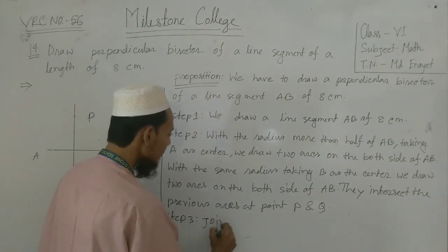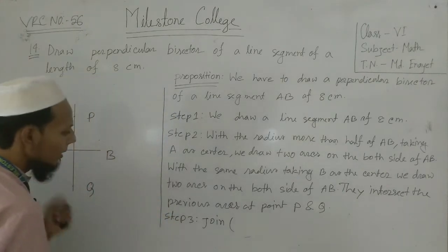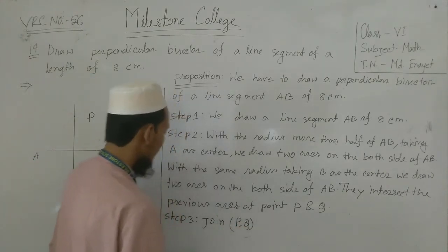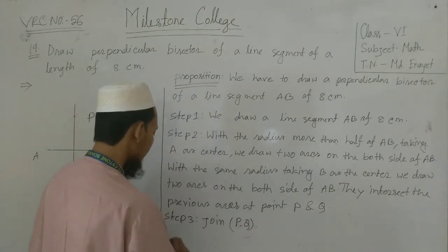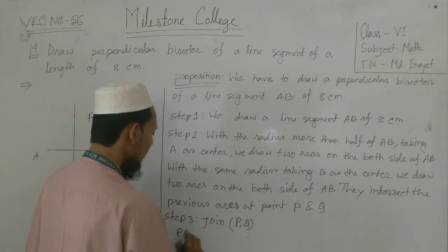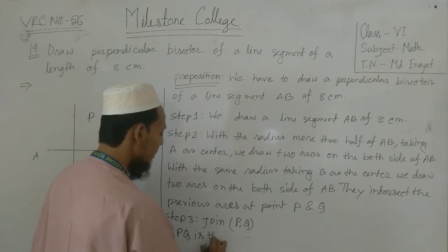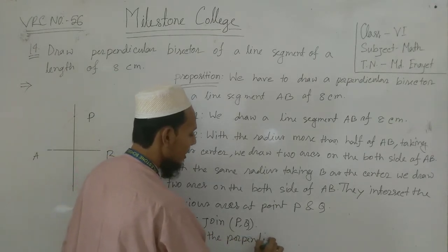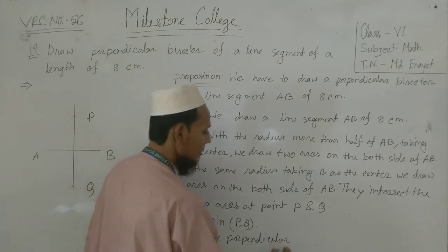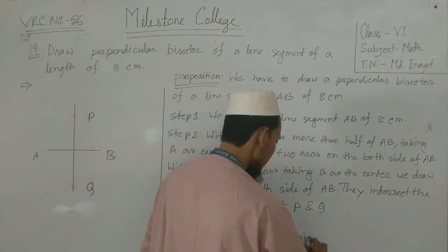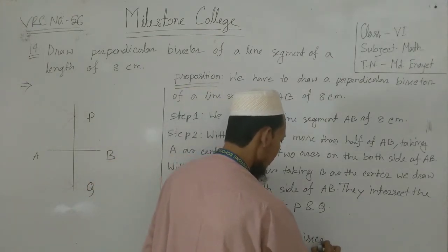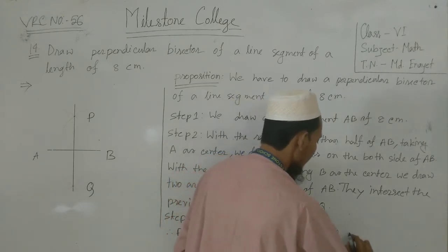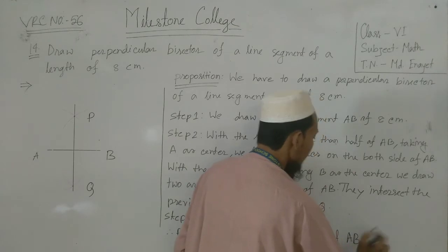Join P, Q. Therefore, PQ is the perpendicular bisector of AB.